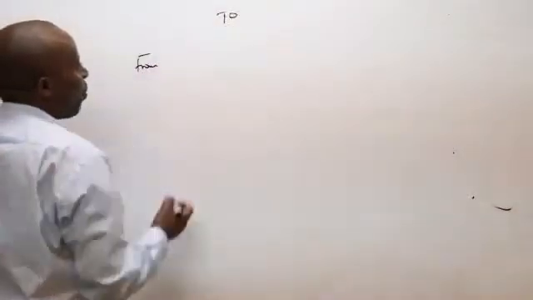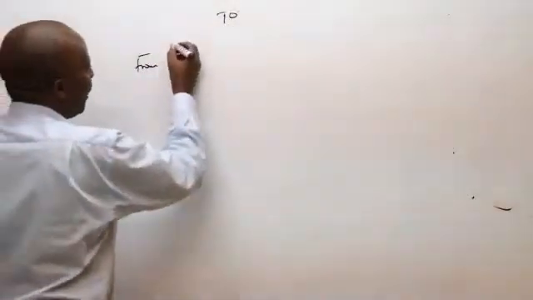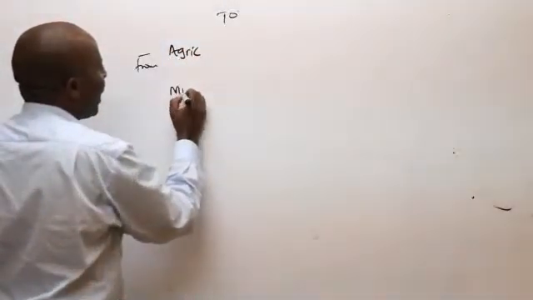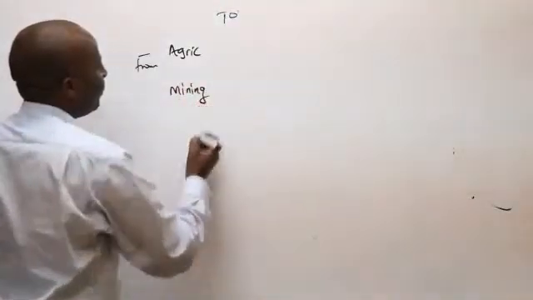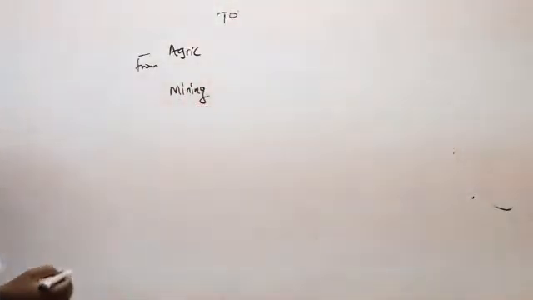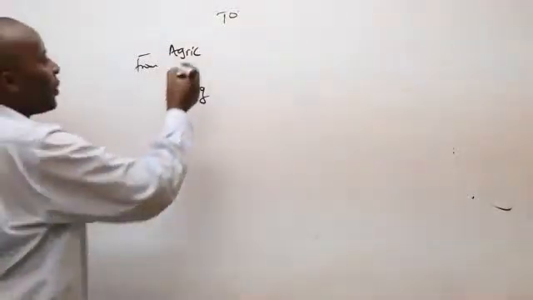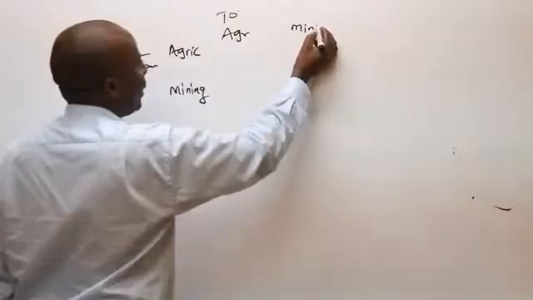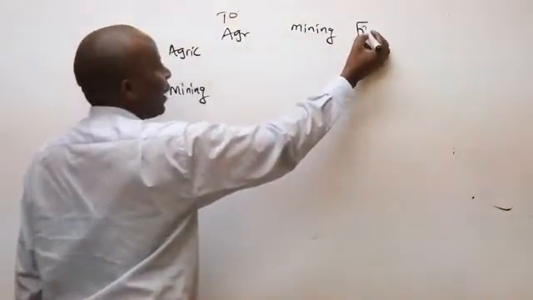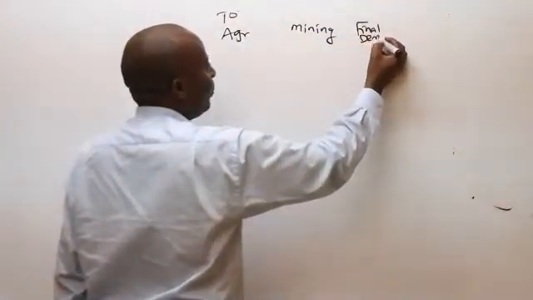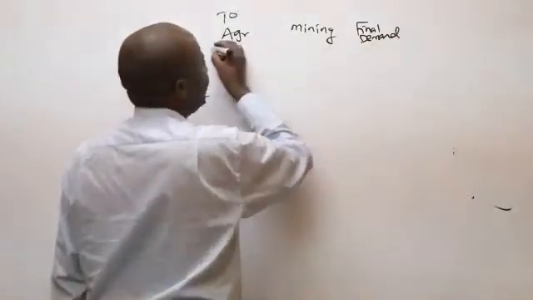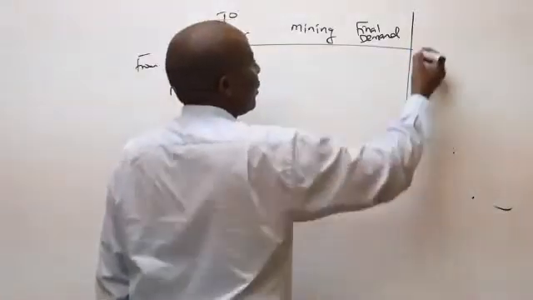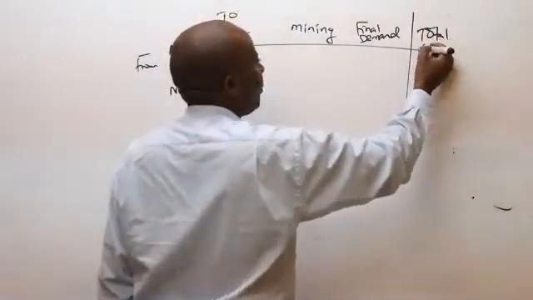We have here two sectors, agriculture and mining, so we have the same matrix here, agriculture, mining. Then we have the final demand, and then the total output.